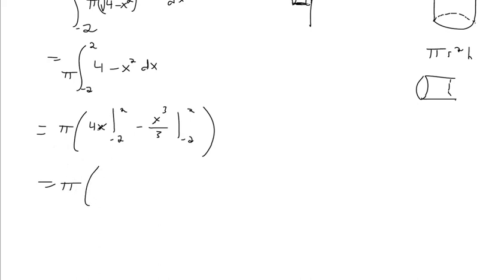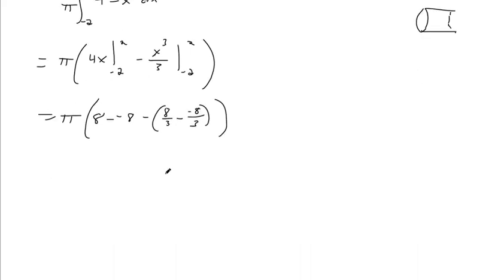So in here, if I plug in 2, 4 times 2 makes 8. Then I need to subtract what happens when I plug in negative 2. So 4 times negative 2 makes negative 8, so that's minus a negative 8 here. And then we're subtracting whatever this result is, so I have to protect the result in another set of parentheses. If I plug in 2, 2 to the third is 8 over 3. And then I subtract what happens when I plug in negative 2. I'm going to get negative 8 over 3.